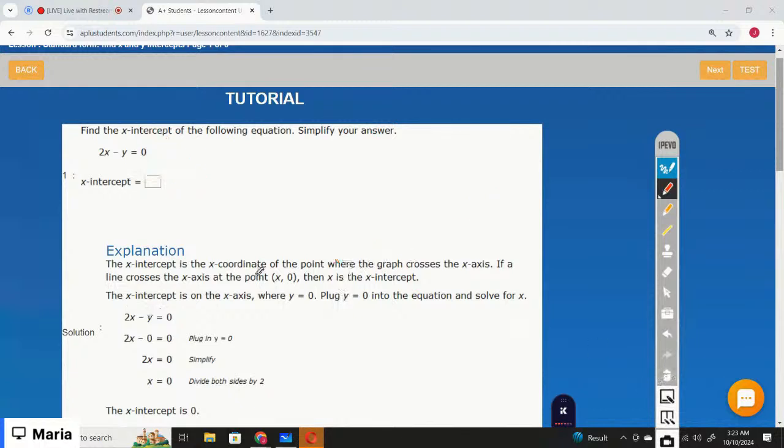So here you have 2x minus y equals 0, 2x minus 0 equals 0. So that is 2x equals 0, x equals 0. That means the x-intercept is 0. Okay, let's just start with the test questions.